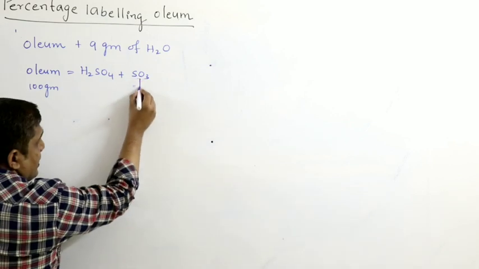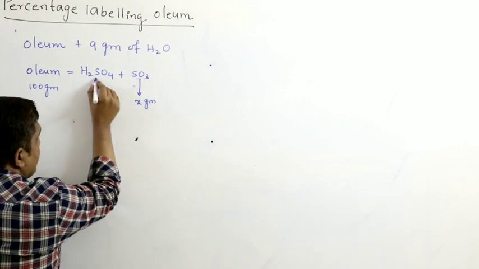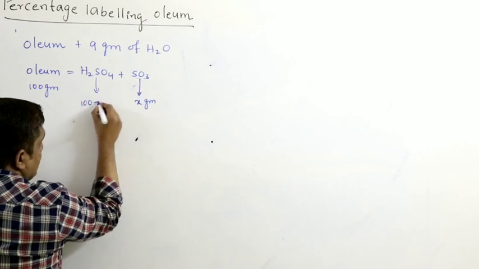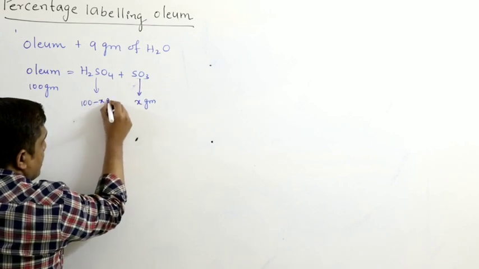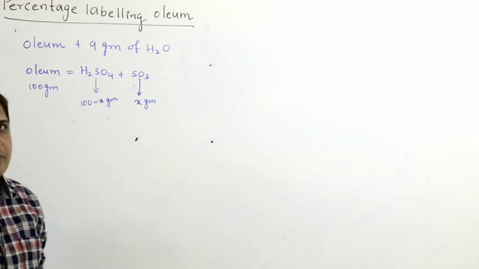So let us assume the weight of SO3 present as x grams. Then what will be the weight of H2SO4? Out of 100, x grams is SO3, so 100 minus x grams. You are diluting this 100 gram sample of oleum.